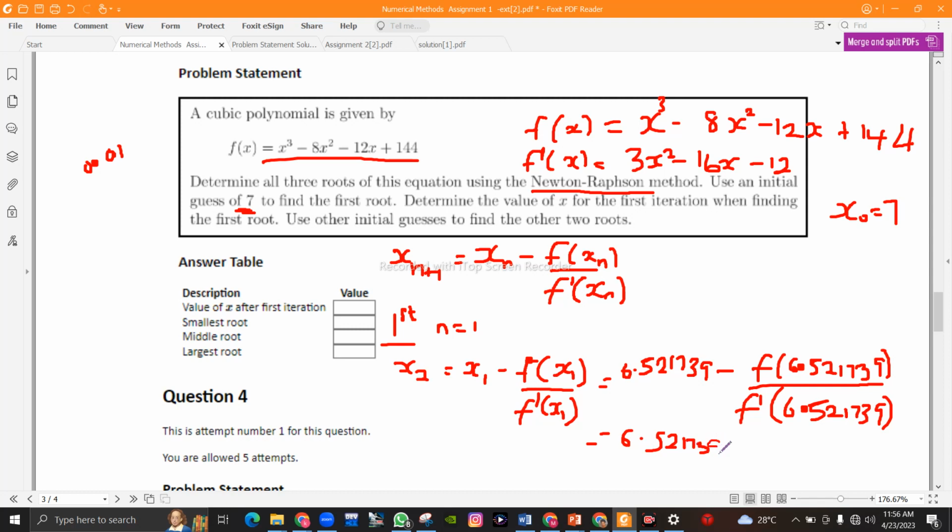So if we do that, that will be 6.521739 minus, if we put this 6.52 inside this function, you're going to get 2.8. I hope you understand what I'm saying.